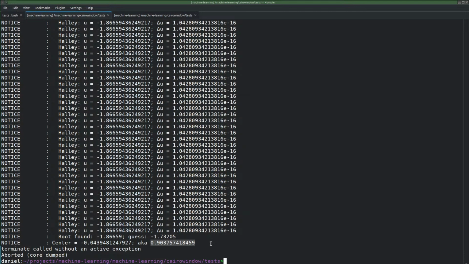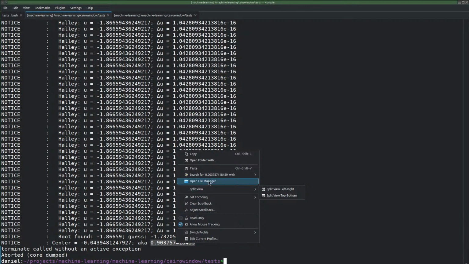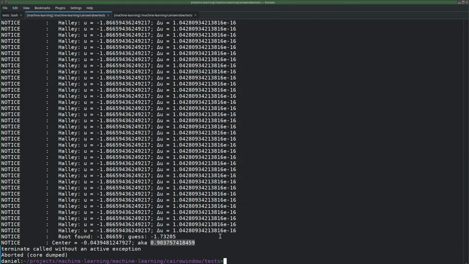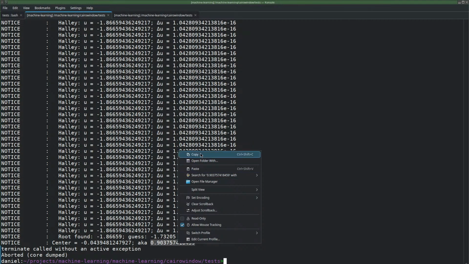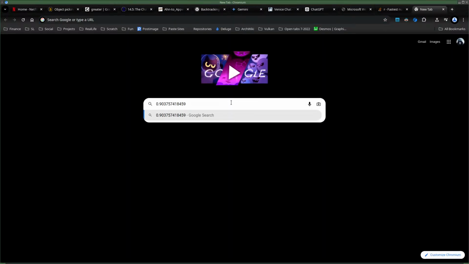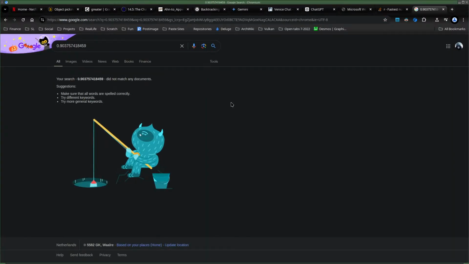But in order to recognize nice numbers, it would be nice if I just had it with the precision of a double. I'll never know what this is, I think. And Google it. Yep. It's nothing.